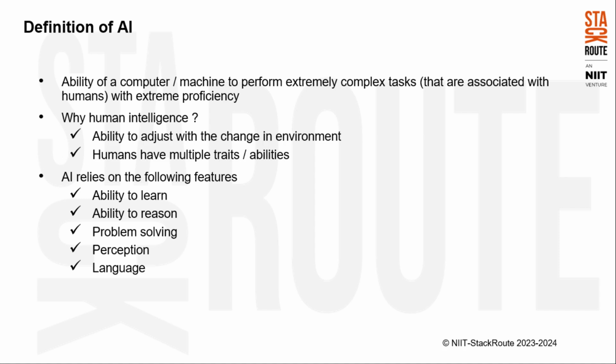If you look at any AI system, you will see that it has the following features: the ability to learn. To give a small example, if you are doing image classification, how do humans look at images? You show us an image and we probably have to see 5 or 6 different images of the same kind, and then we can identify that this is, let's say, a cat or a dog or whatever the image may be.